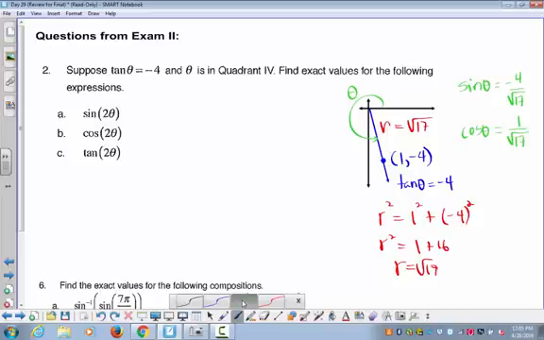But that's not telling us anything directly about the trig function values at 2 theta. So how are we going to get in here?